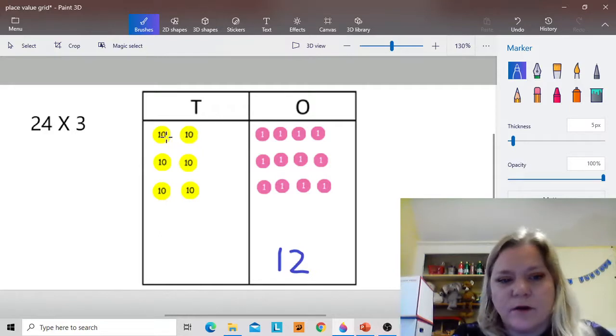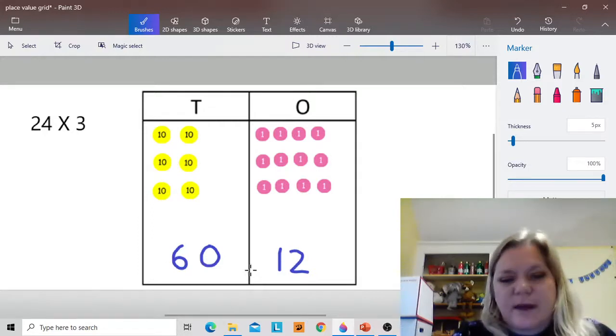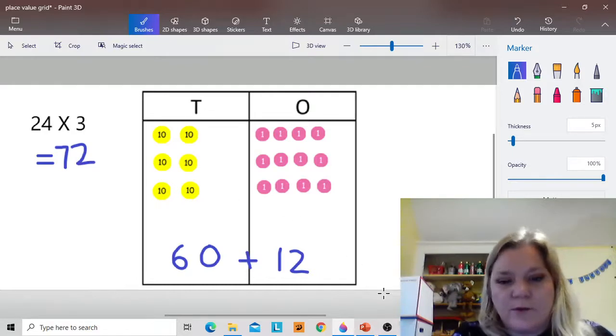So we've got 1, 2, 3, 4, 5, 6 tens, which is 60. So to find the final answer, we just add these two together. So 60 add 12 equals 72. So 24 times by 3 equals 72.